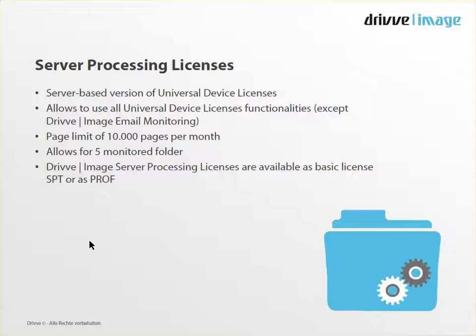So you have what you might see as a better pricing now for the universal device licenses, another advantage of this change. And the server processing licenses again just come as SPT or Prof, and you will see the pricing in the price list. Yeah, so much about these 2 things.